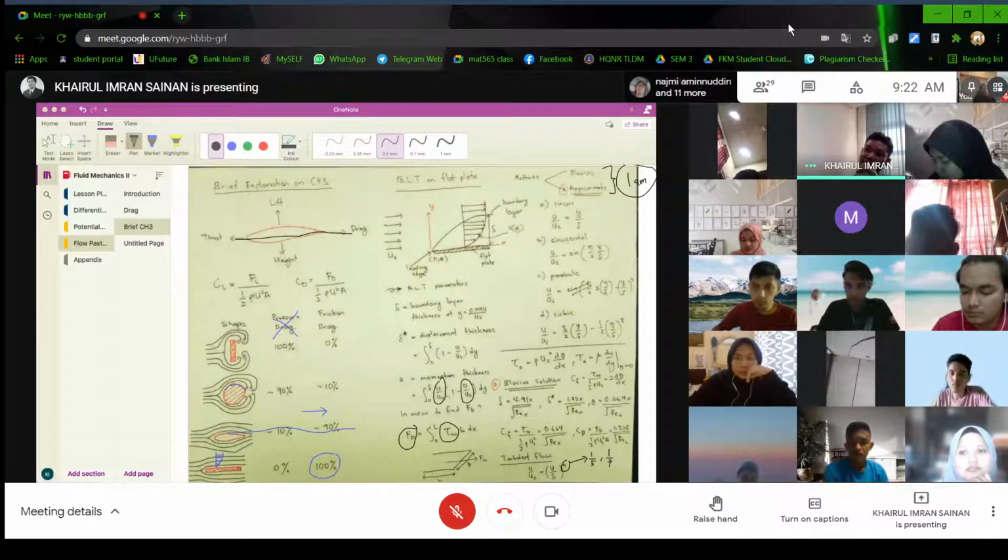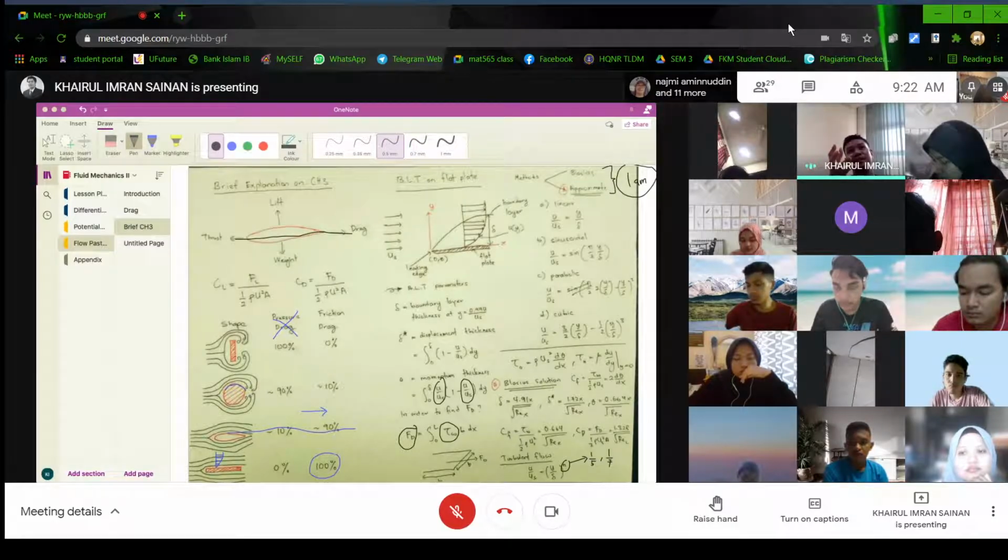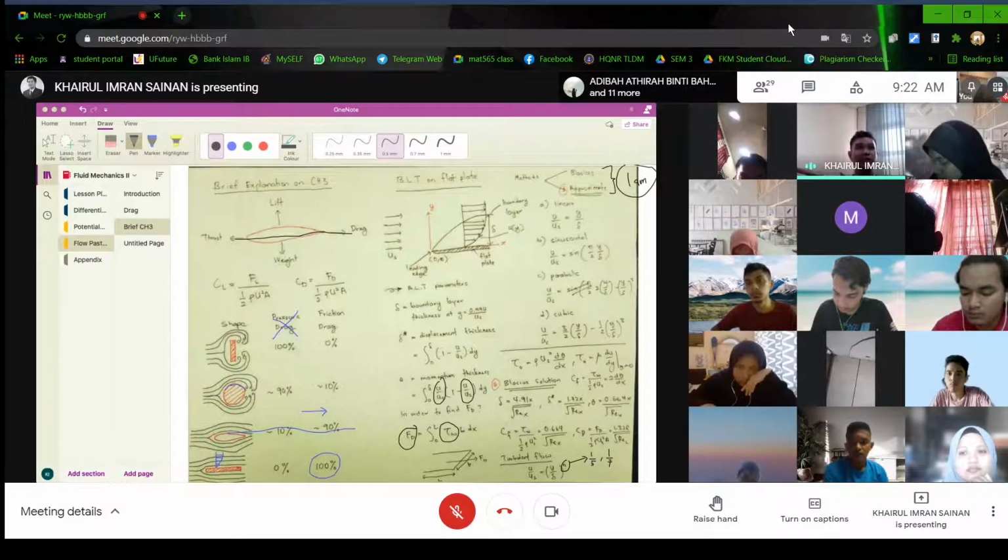So perhaps in the automotive industry, how we assume the flow is based on this equation.